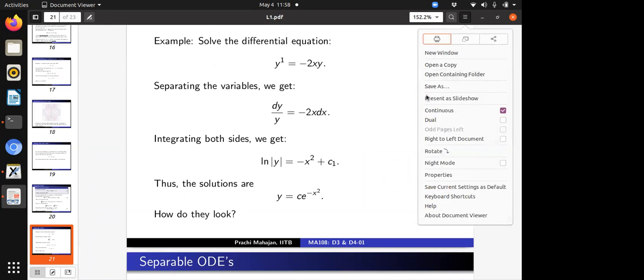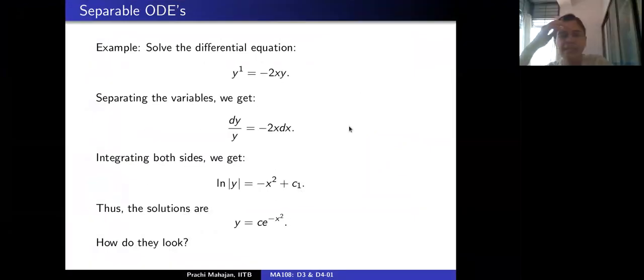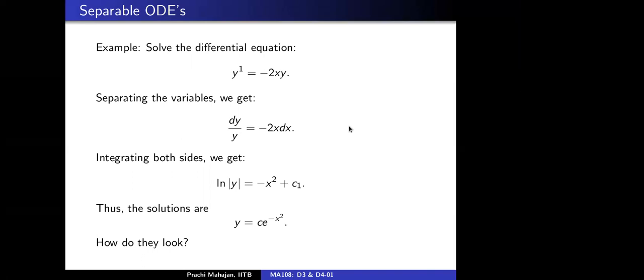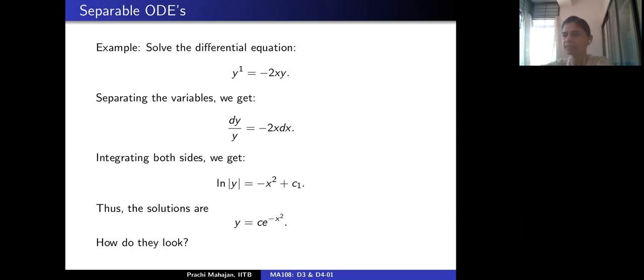See, I said that in order to separate variables, for example in this example, you would like to divide by y. That's the only way to go about it. You must divide by y to separate the variables. But division by y is not defined if y equals 0 for some value of x.